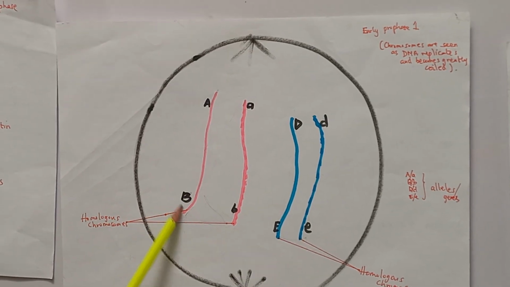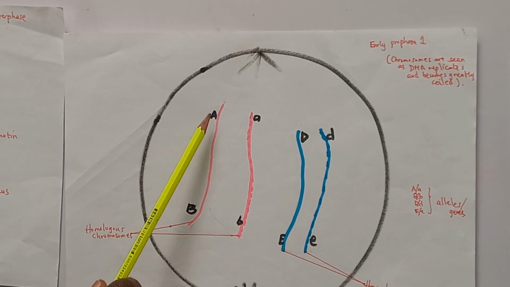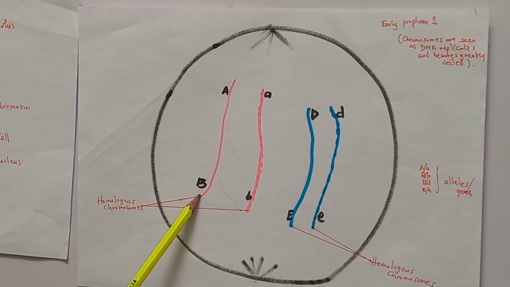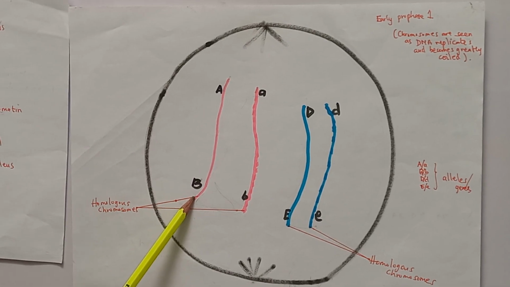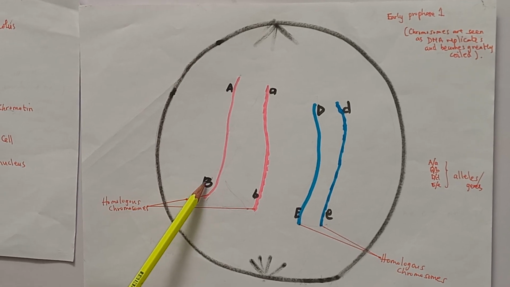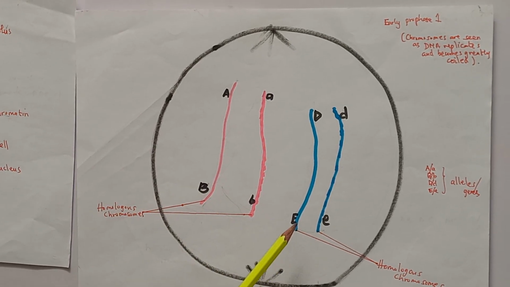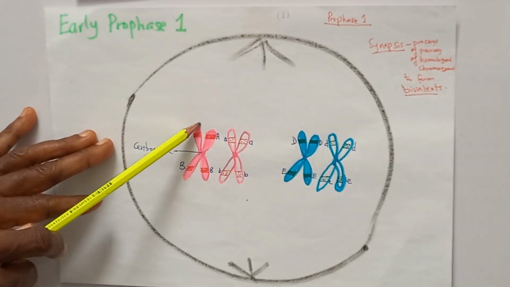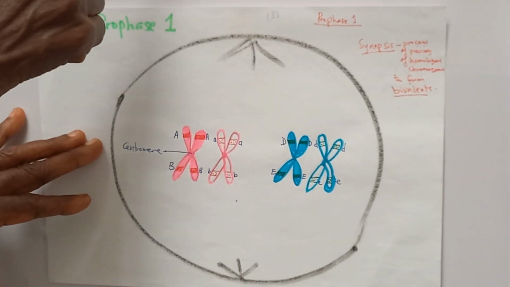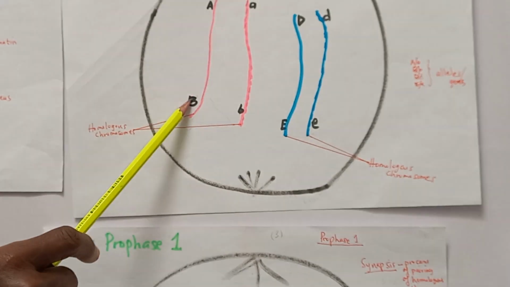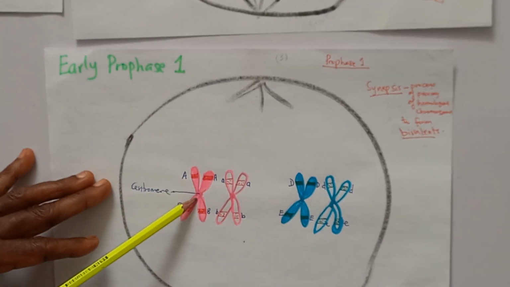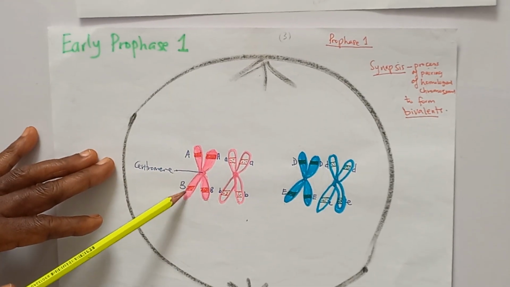Now, you can see the chromosomes well because the chromosomes have undergone DNA replication, but you can't see the chromatids well. As prophase goes on, you can see the chromosomes well. You see this chromosome with big A, big B here, you see this chromosome as two sister chromatids.